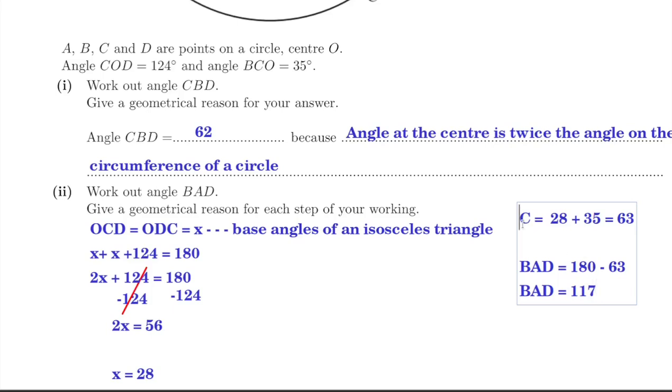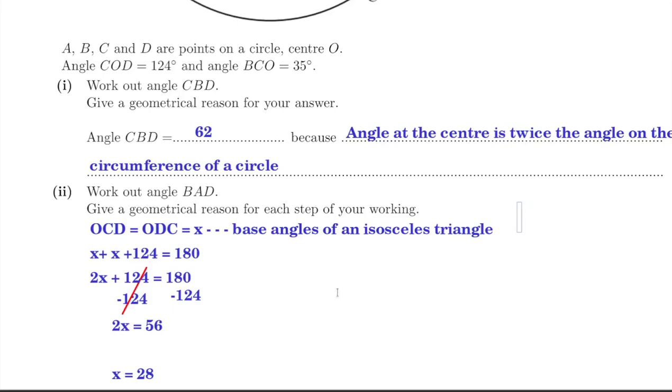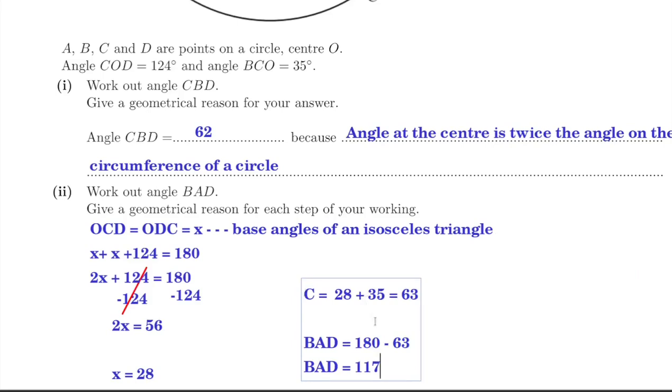Now remember, for every statement we must put in a reason. Very important in cyclic geometry. For this one, there is no reason. For this one, the reason is that these are opposite angles of a cyclic quadrilateral.